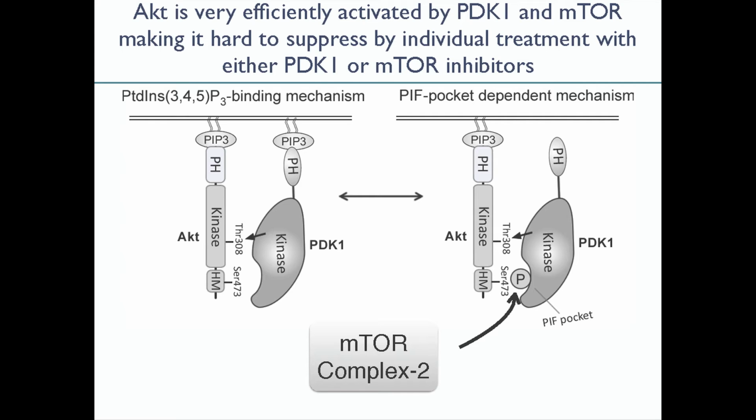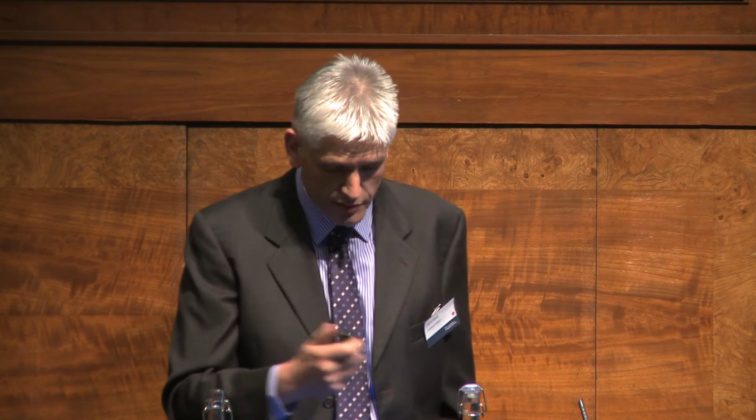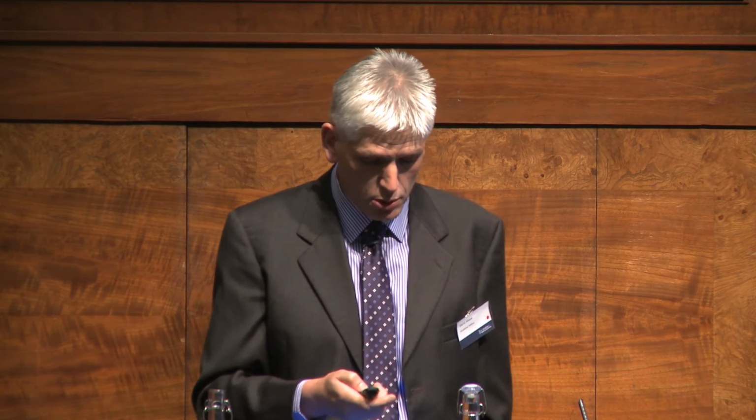The second mechanism involves prior phosphorylation of AKT at serine 473 by the mTOR protein kinase. This creates a docking site for PDK1 to bind to this motif and then phosphorylate threonine 308. Activation of AKT plays a critical role in driving the growth and proliferation of most cancers.